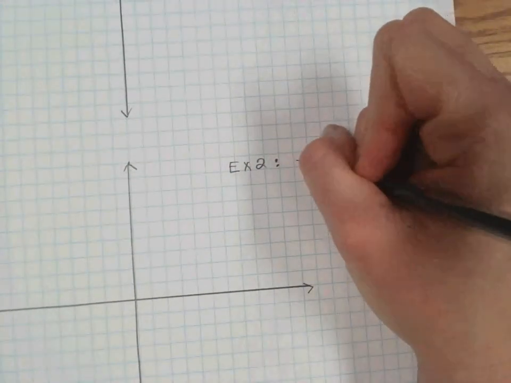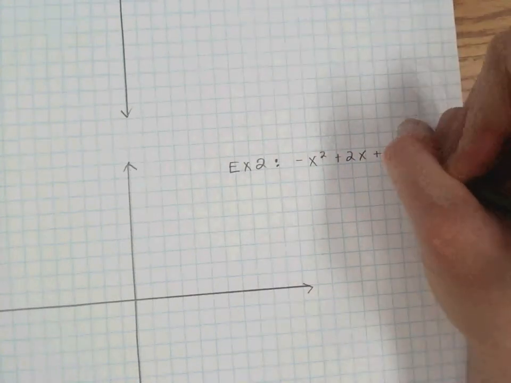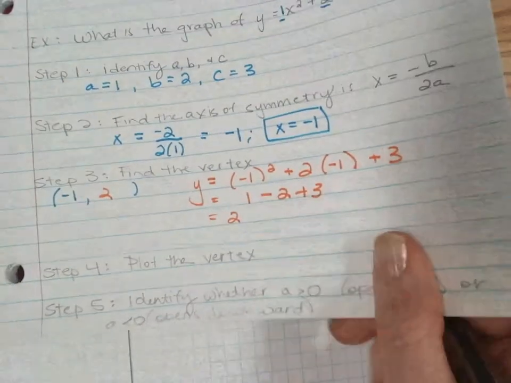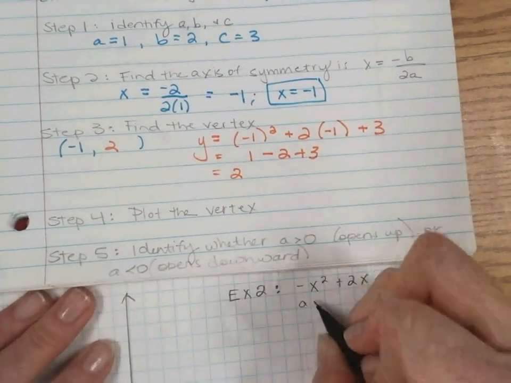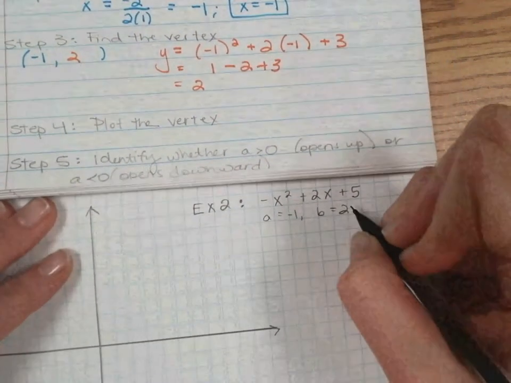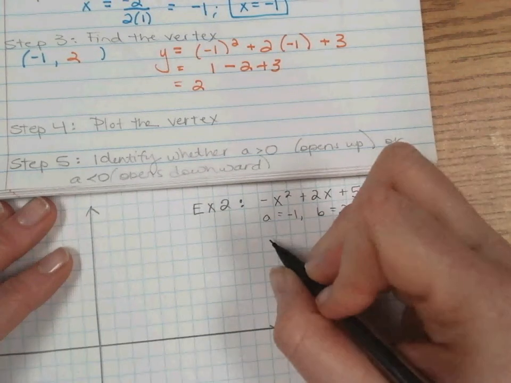And this one is negative x squared plus 2x plus 5. So looking back through our steps, it's good to keep these handy. Step 1 is to identify a, b, and c. A here is negative 1, b is 2, and c is 5.